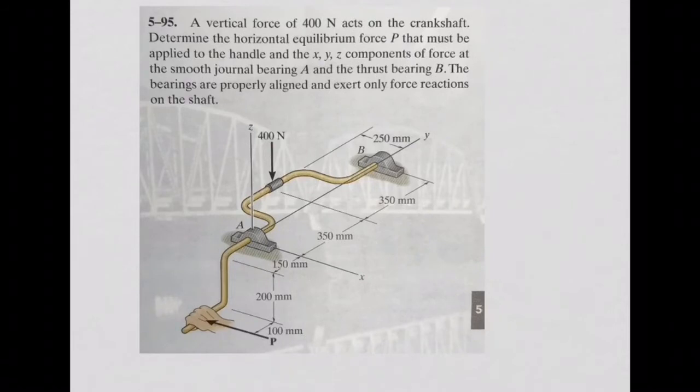First, on the supports, we can try to represent here the reactions. So at point A, we have a smooth journal bearing. So it means we will have this reaction, which we can call AZ.